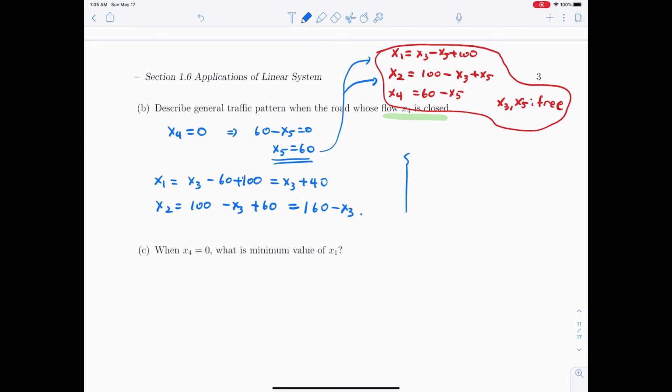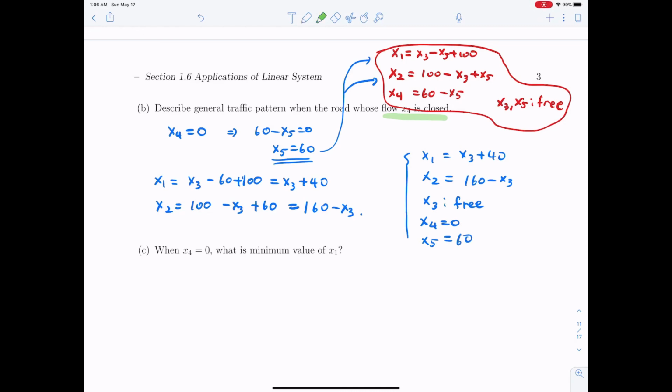So if x4 is closed, we have x1 equals x3 plus 40, x2 is 160 minus x3, and x3 is still a free variable. x4 is 0 and x5 is 60.